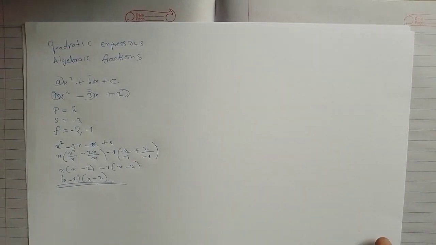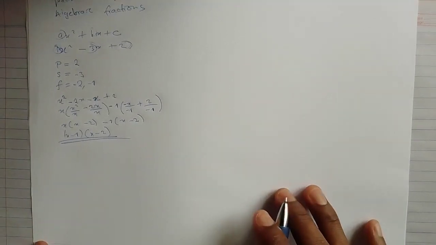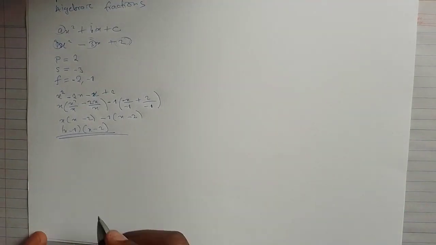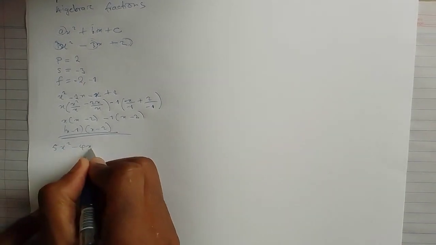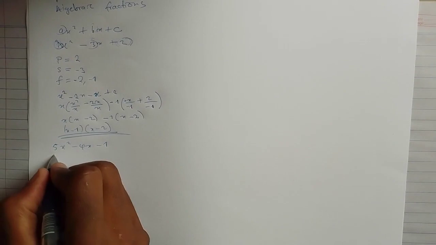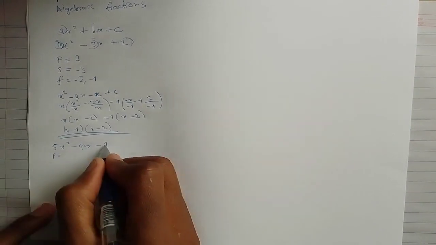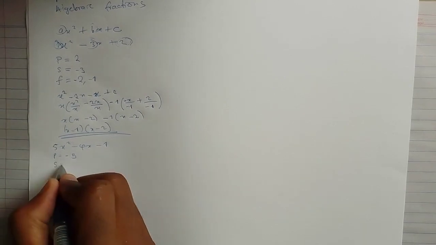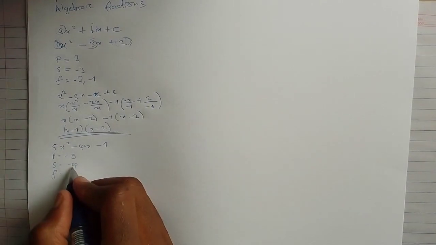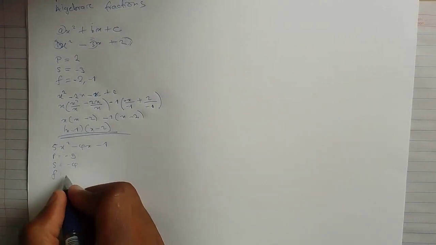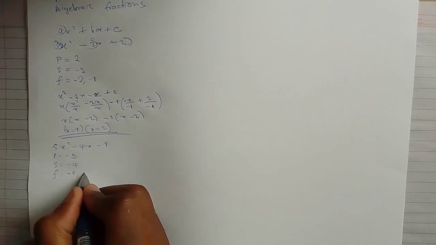So let's do another example. Let's say you've been given 5x squared minus 4x minus 1. The product in this case is 5 times -1, which is -5. The sum is -4. Which 2 numbers when we multiply give -5, and when we add give -4? That's -5 and 1.